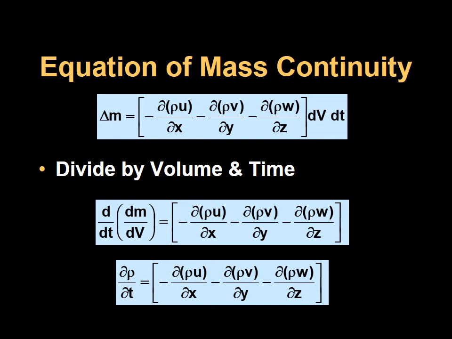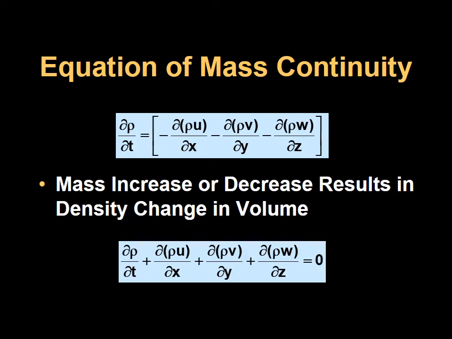And on the other side is all of the fluxes, all of the changes as a result of density and the changes as a result of the wind component in all of the x, y, and z directions. So what we're going to do now is simply move everything over to one side. We're going to add the x, y, and z over to the left side. That means that on the right side, everything is equal to 0.